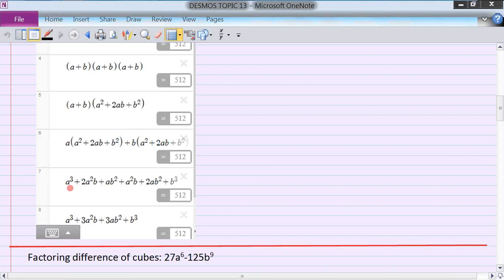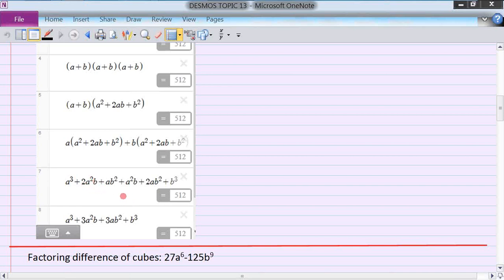Normally, we write the letters here in alphabetical order, so we don't usually write b first and then a. We write a and then b. If there are two terms, write the a term first. Now, let's see what we can combine.